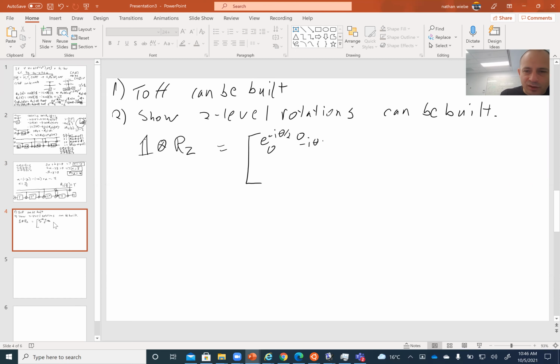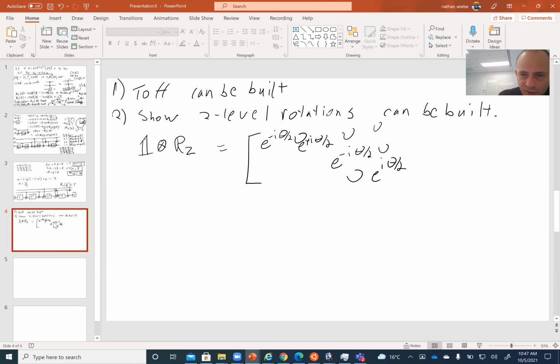I think I actually did this backwards. This would be e to the negative i theta over 2, 0, 0, e to the i theta over 2.